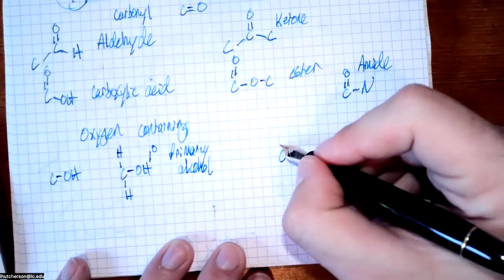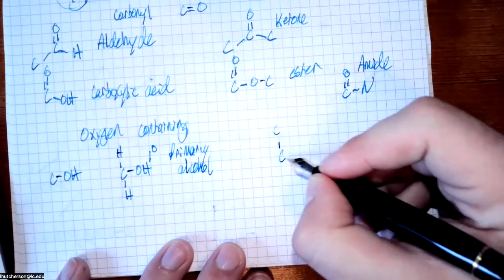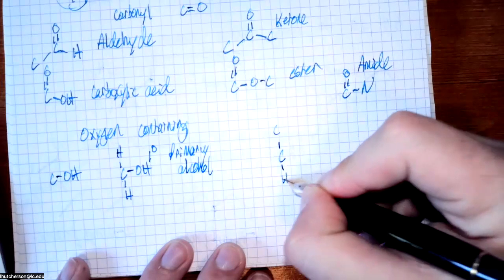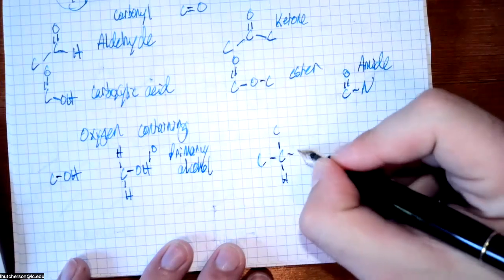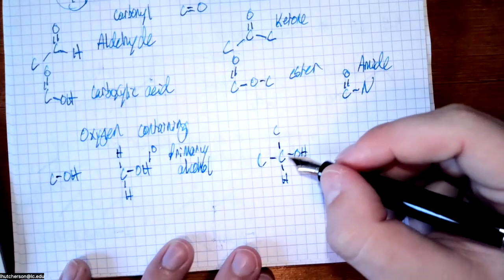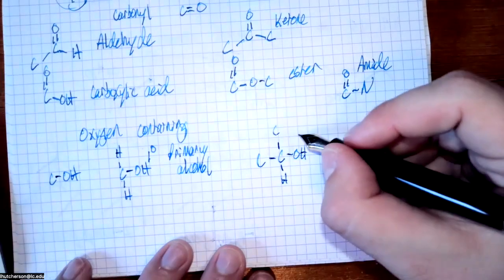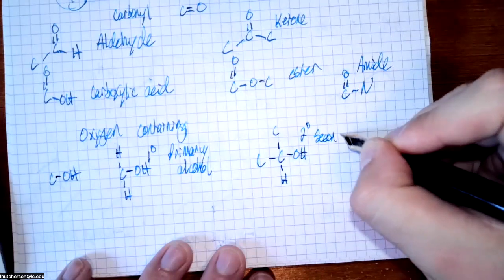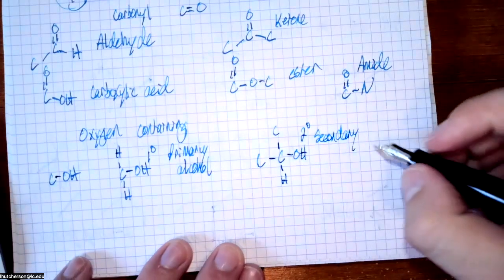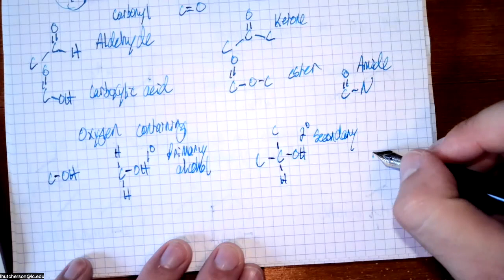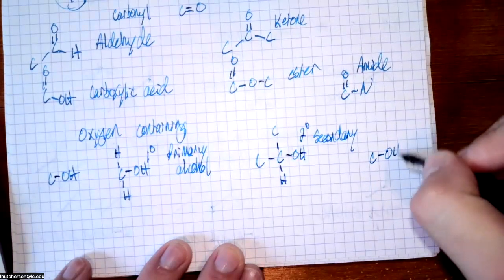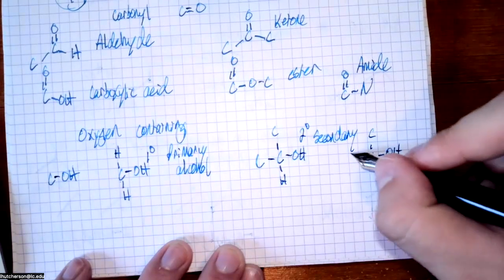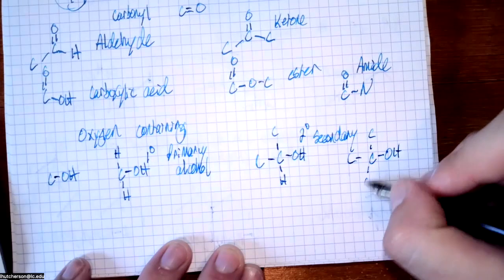We have the secondary alcohol, where our OH carbon is bonded to two other carbons. And then, of course, tertiary, where our OH carbon is bonded to three other carbons.